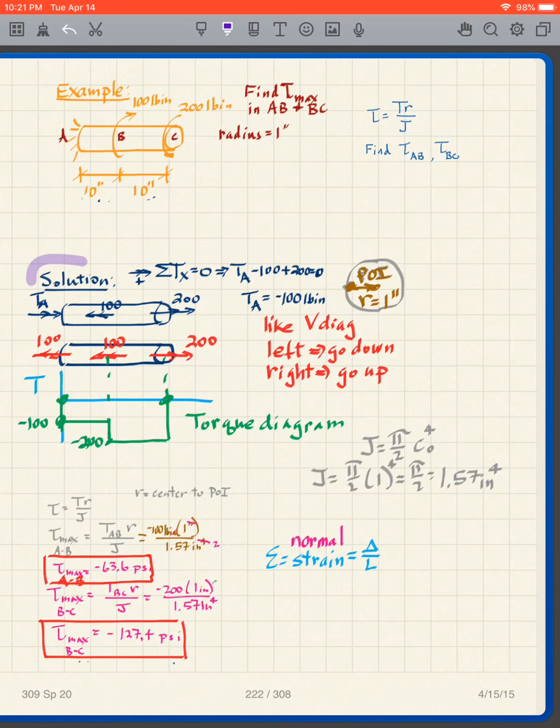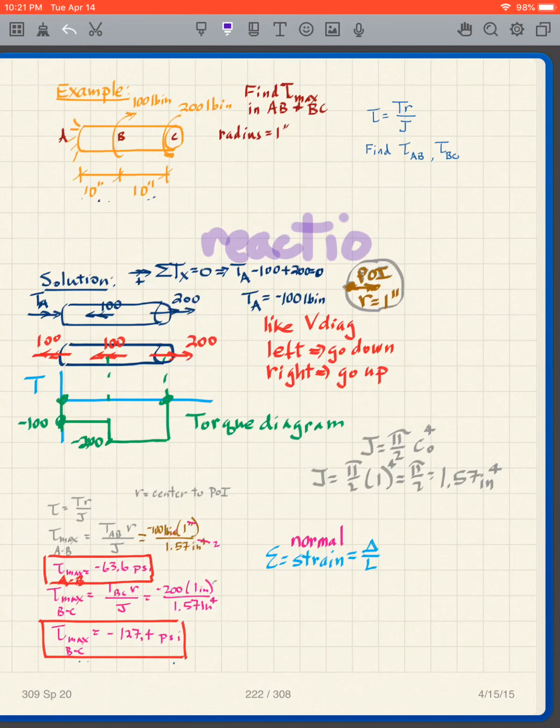Here's the solution. The way to do these problems is to use the right-hand rule. And the first thing we have to do is to find the reaction, just like we did with our shear and bending moment diagrams. We had to get the reactions.